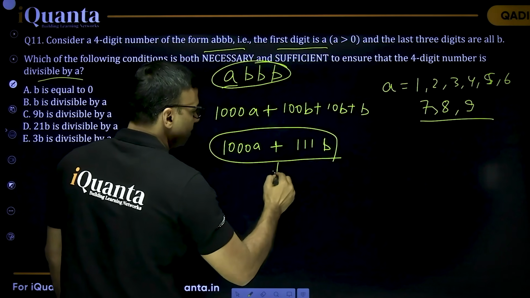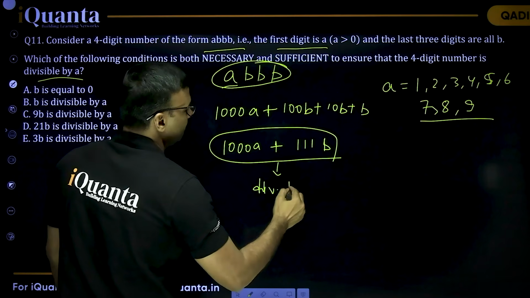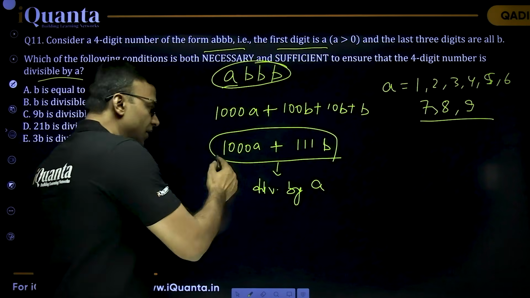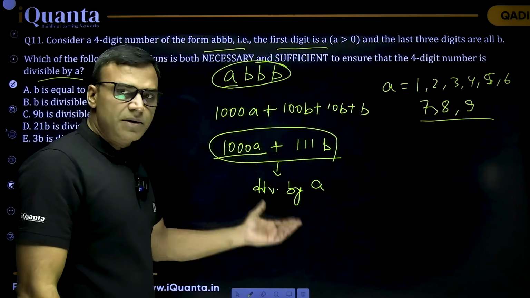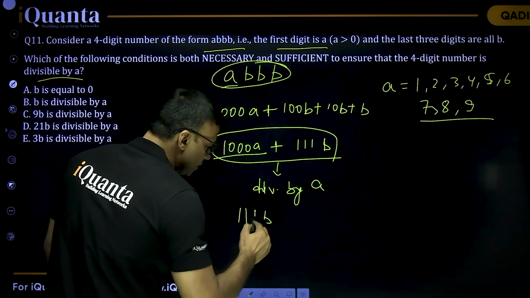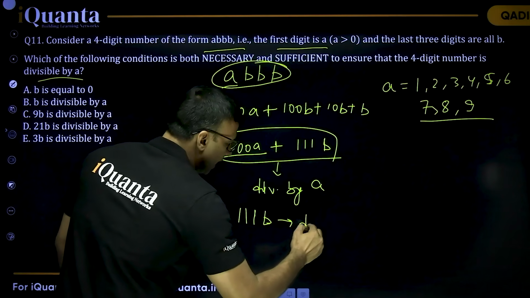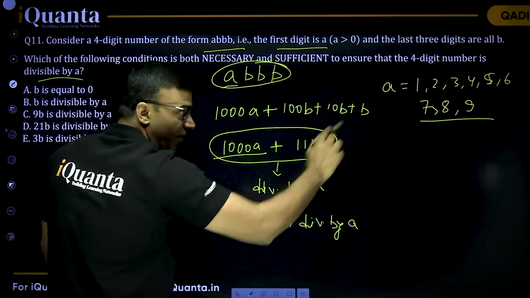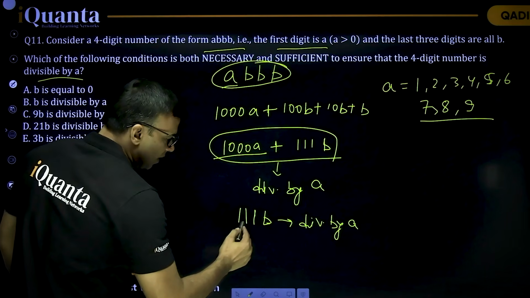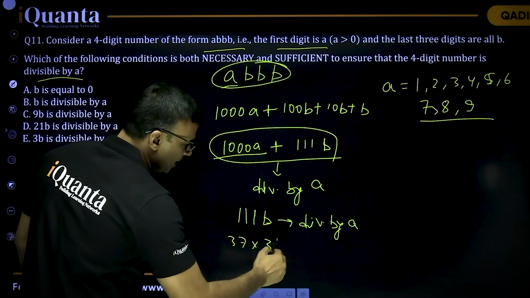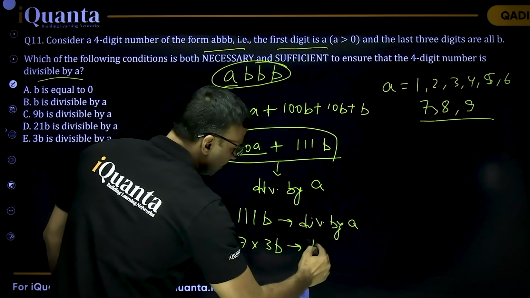We want this number to be divisible by A. Now 1000A is definitely divisible by A. So that means 111B should be divisible by A. A is a one-digit number from 1 to 9. Don't forget that. Now 111B is actually 37 into 3B, and that should be divisible by A.